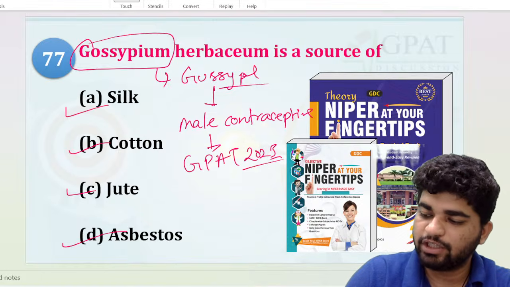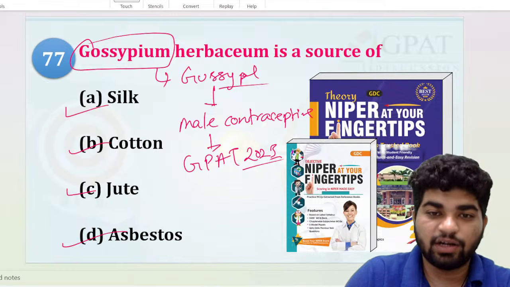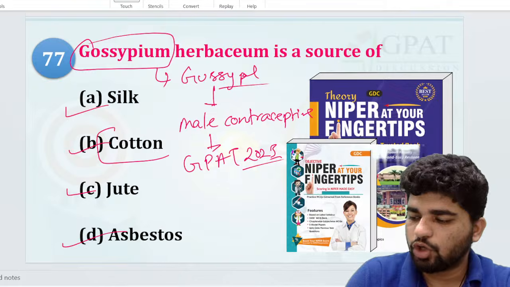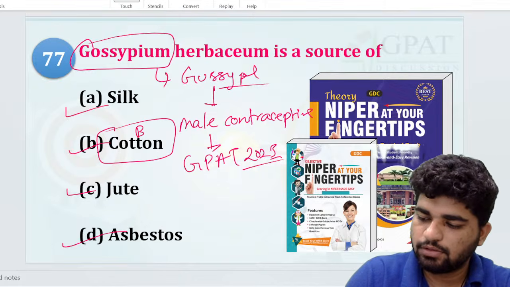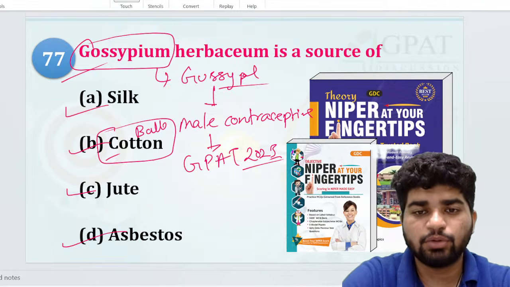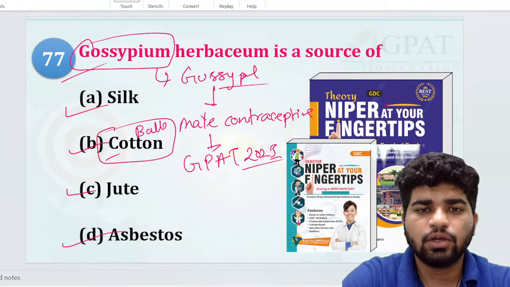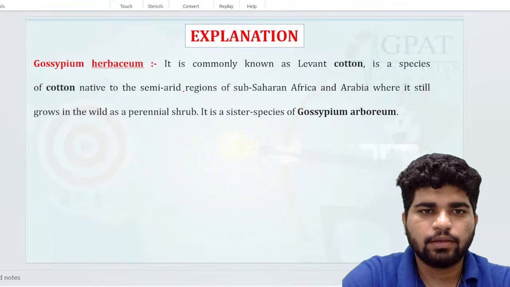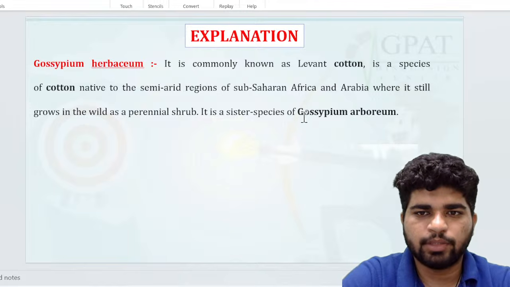Before that, I didn't even know that there is something like a male contraceptive. So that is your cotton, cotton balls. In GPAT 2023 they asked one question: Gossypium gives gossypol, the male contraceptive. Okay, remember that.